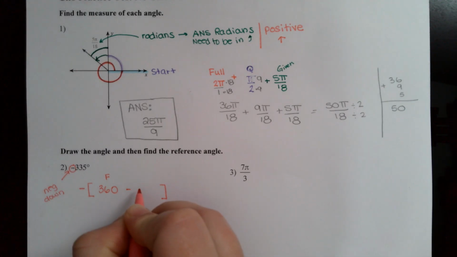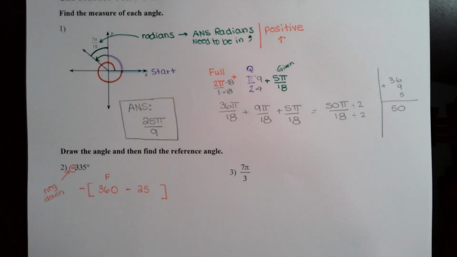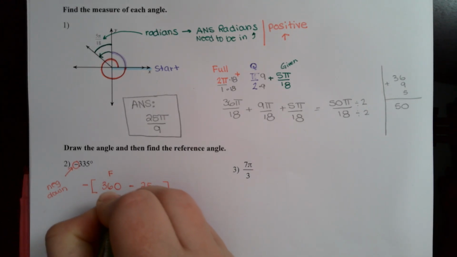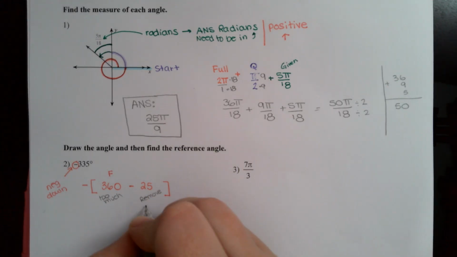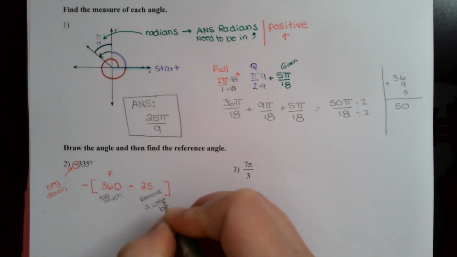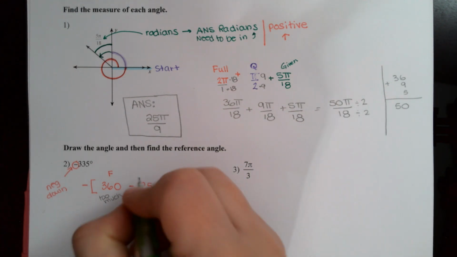And then remove from that our 25 degrees. Okay, this is option number one. This is too much, and we're going to remove a little bit. This is not a quarter. This is less than a quarter, not even half a quarter. It's just a little bit.